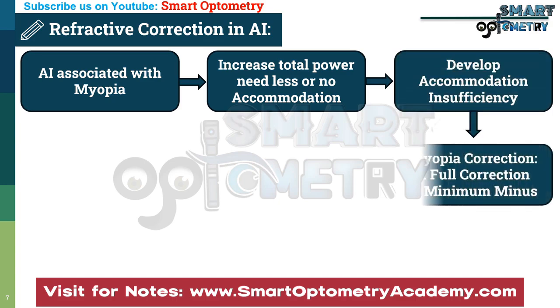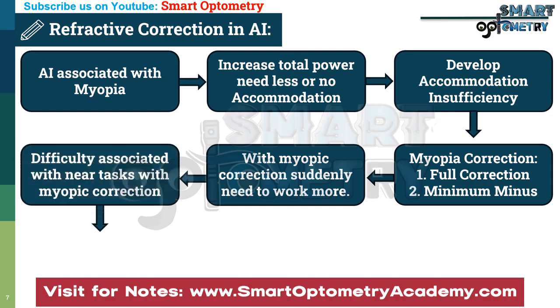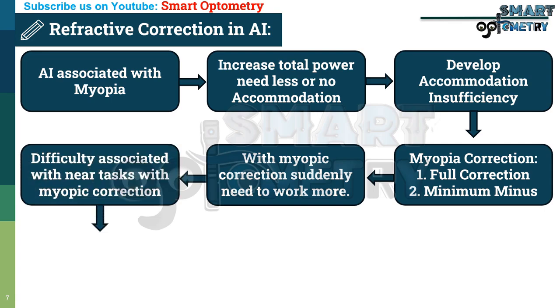To correct the myopia, we can give full correction or follow minimum minus and maximum vision. But the point to be remembered is, when we correct myopia, suddenly the eyes need accommodation to work more to focus rays on the retina. As accommodation is insufficient, accommodation can't fulfill the new demand of accommodation and patient faces difficulty with near task with myopic correction.